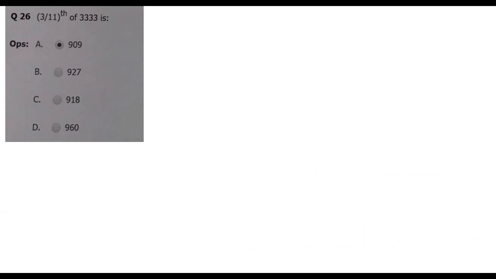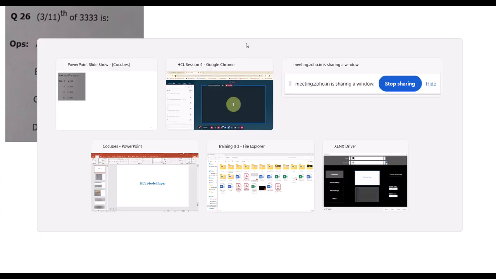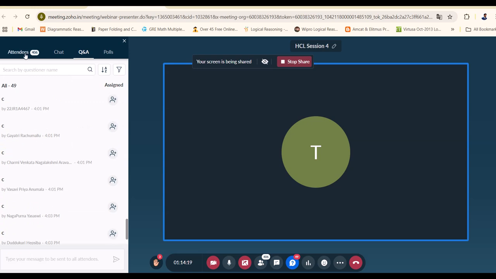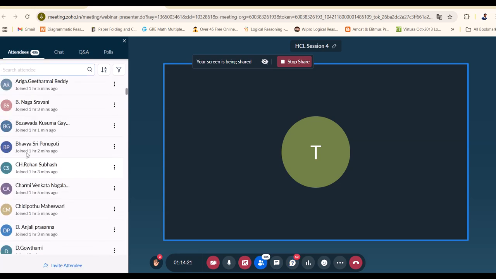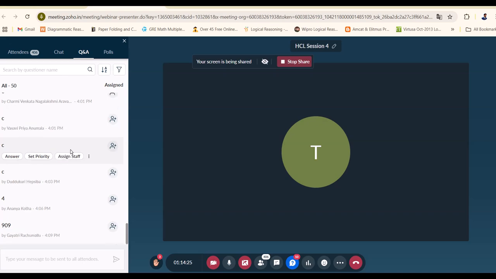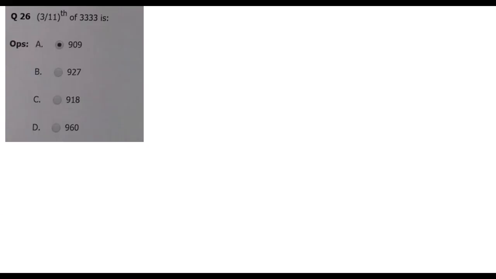Now see, this type of basic questions they are also asking. So these questions are difficult, and there are some easy questions also. That's what you need to identify, the right question in the exam. Gayatri gave the answer 909.